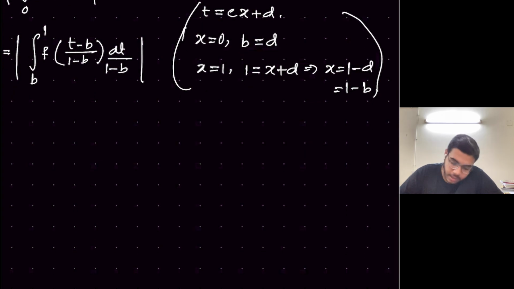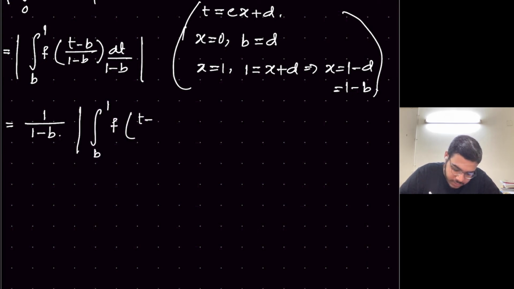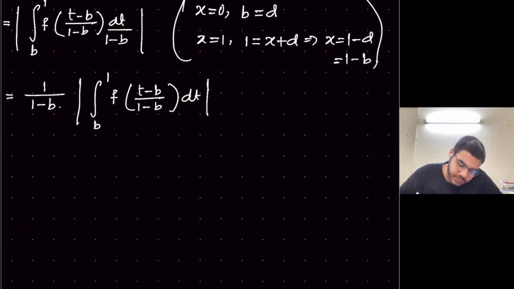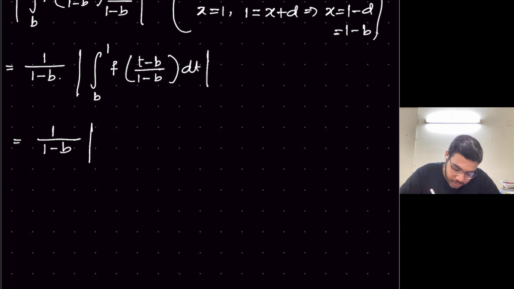Now, similarly to the previous one, we'll do 1 by (1 minus b) mod of integral b to 1 f of (t minus b) by (1 minus b) dt. Now similarly we have integral b to 1 f(x) dx equals 0, so we'll subtract that. As that is 0, it will not be of any use. The resultant thing will be the same.